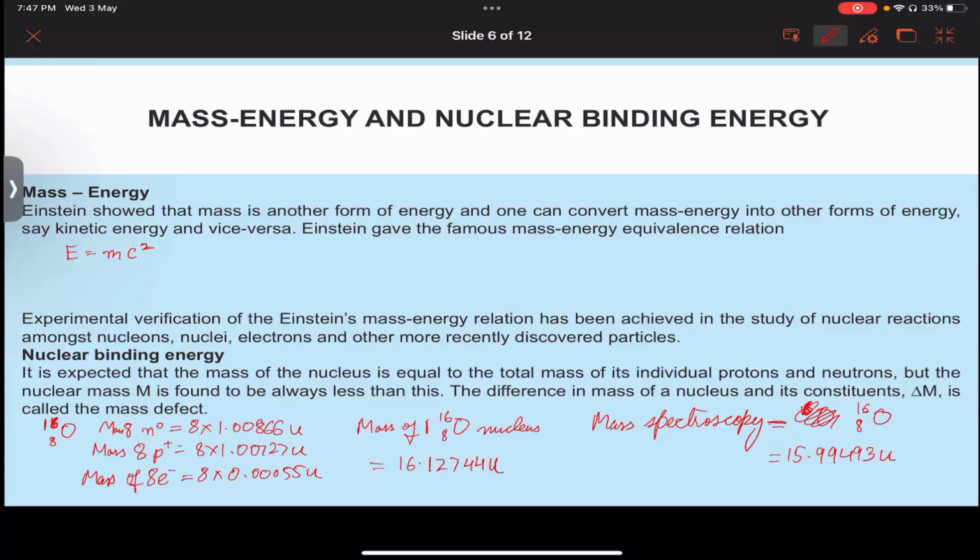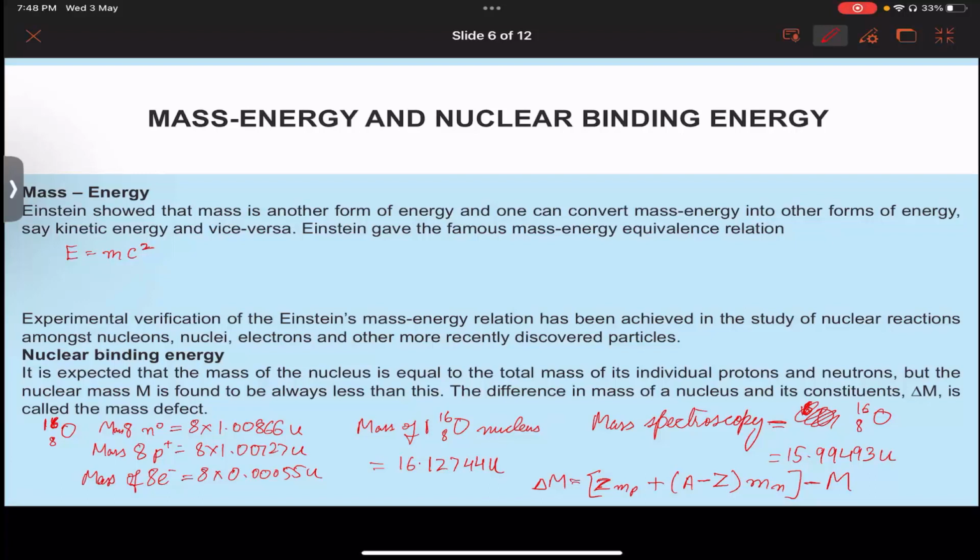So we can calculate this mass defect by the formula Δm, that is the mass defect, is equal to Z mp, where Z is your atomic number and mp is the mass of a proton, plus (A minus Z), the atomic mass number minus the atomic number, times the mass of a neutron, Mn, minus the mass of the nucleus. So we can get the mass defect of all the elements that we see.